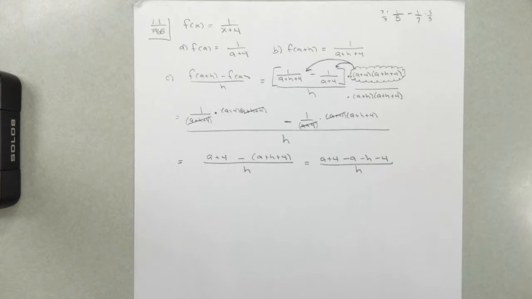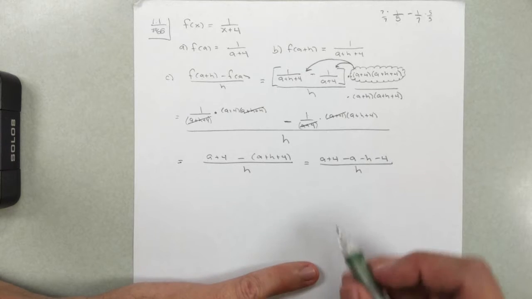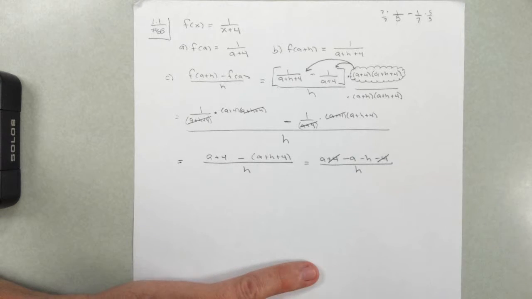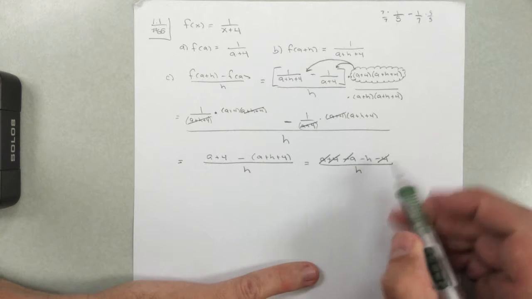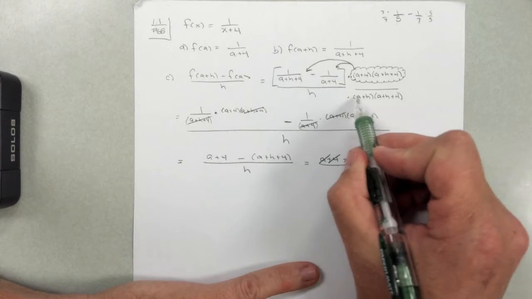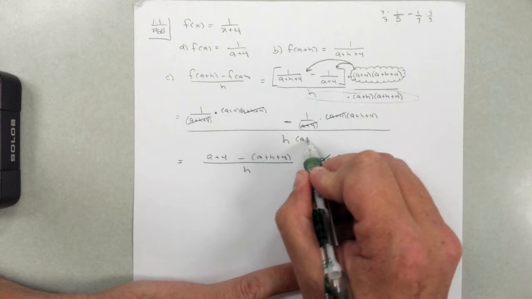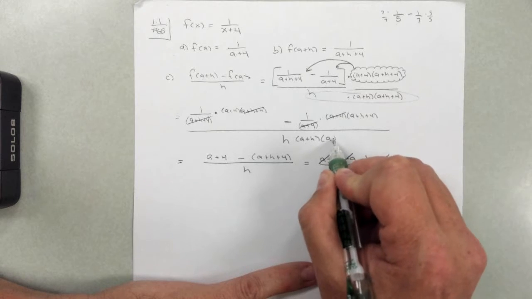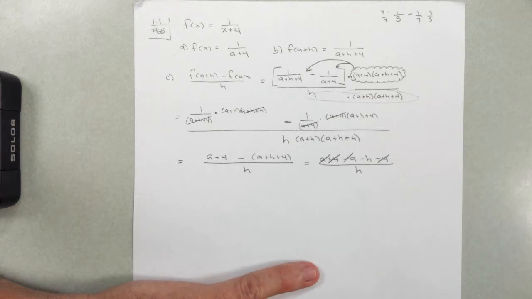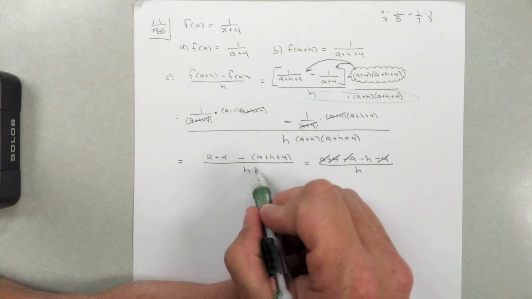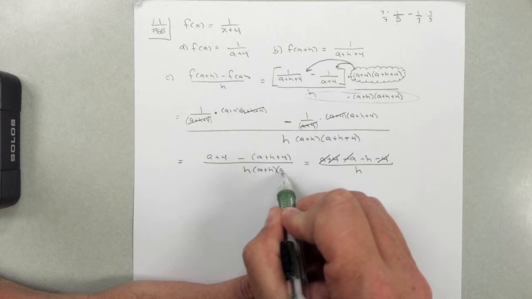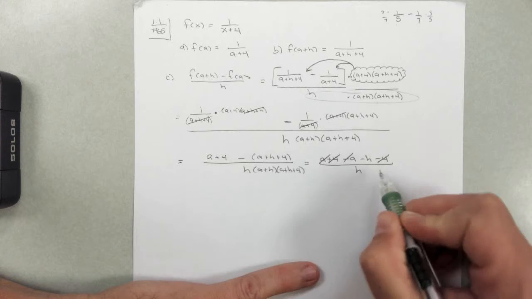As we talked about in class, everything that does not have an h should cancel out. The 4's cancel, the a's cancel. I realized right now that I forgot to actually do this multiplication, so I'm going to bring this part into the denominator. A plus h, and then a plus h plus 4. And so that part should carry down here as well, and also over here.